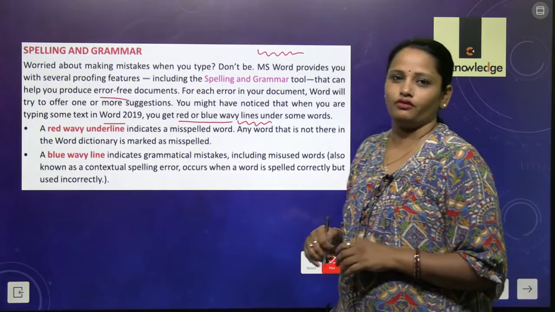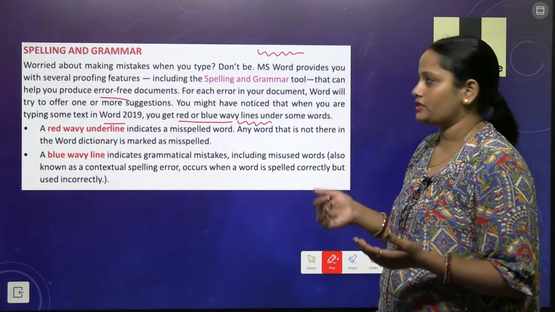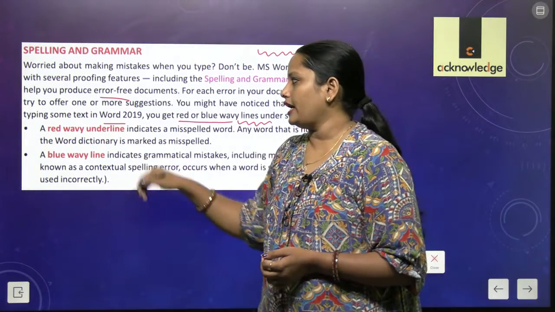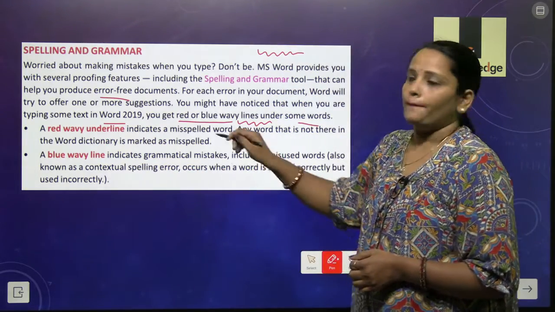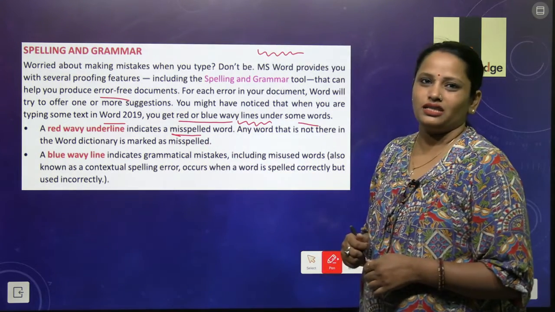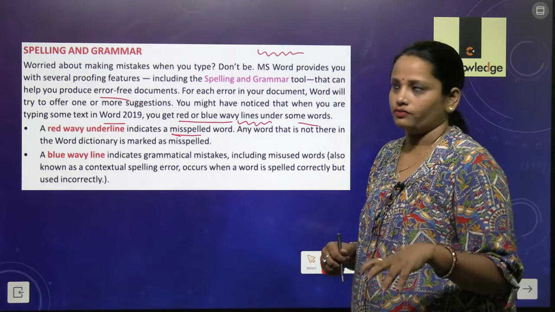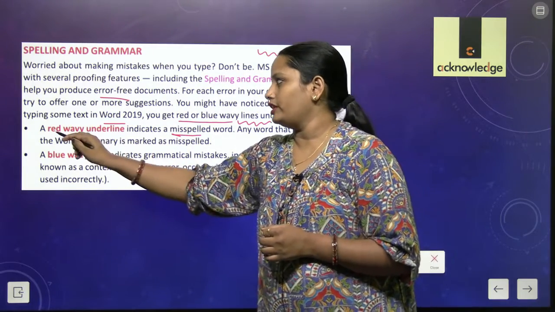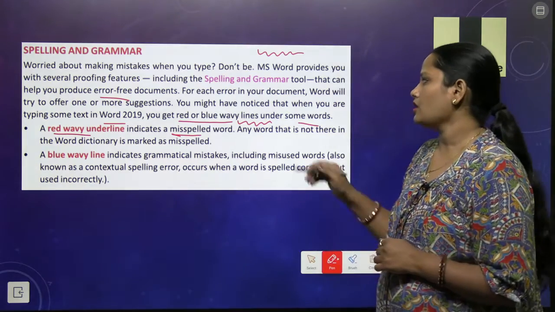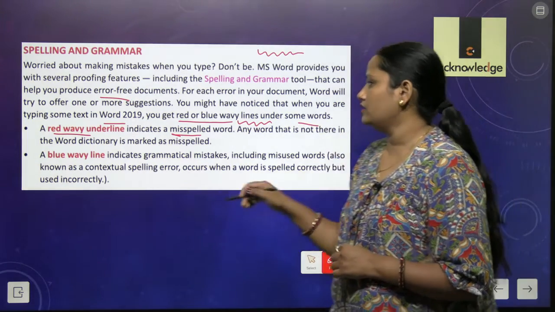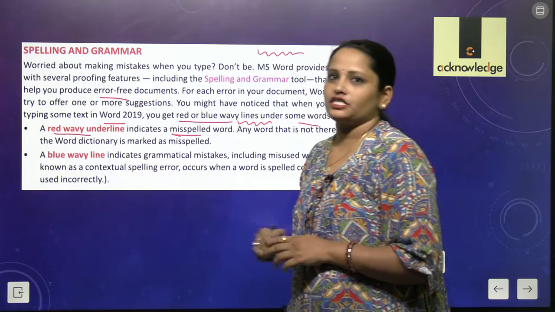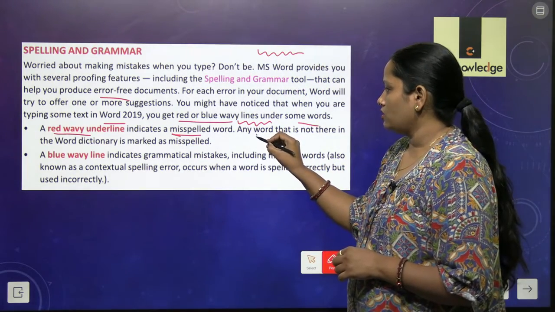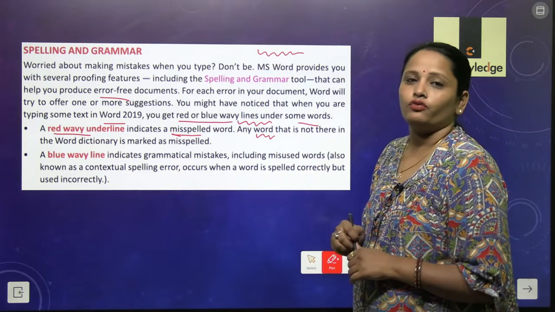Under some words, the red wavy line indicates a misspelled word, meaning the spelling is wrong. So if the spelling is wrong in our document, it will show with a red wavy line. Any word that is not in the Word dictionary is marked as misspelled.